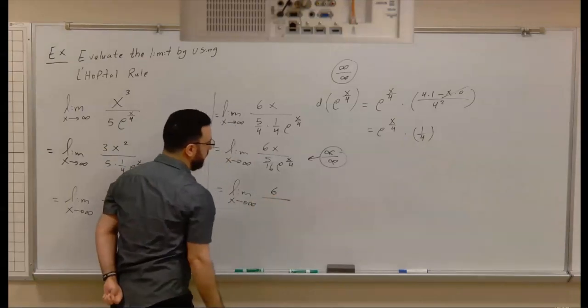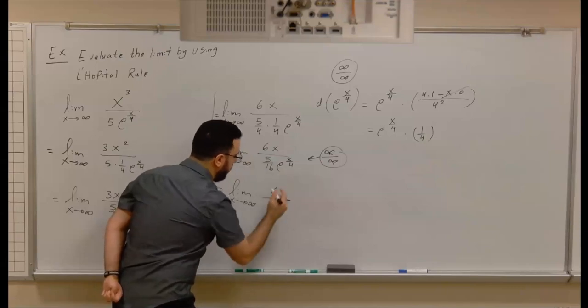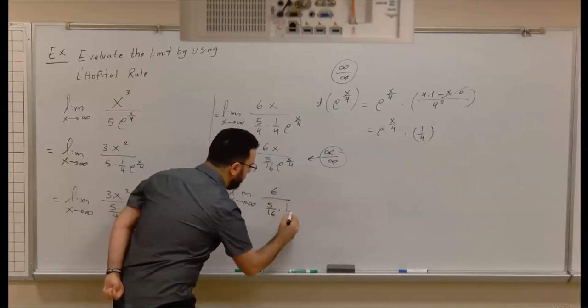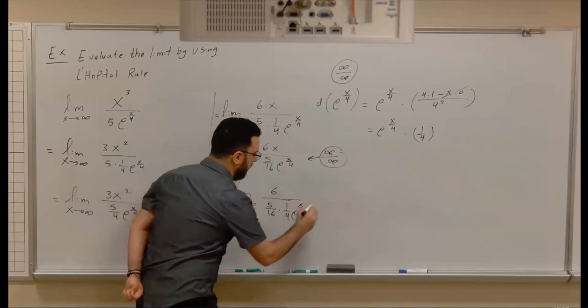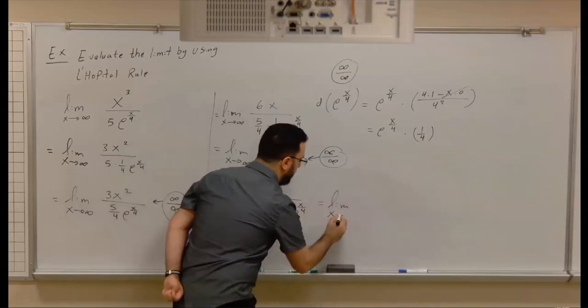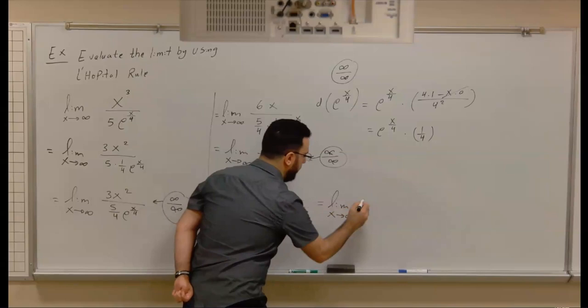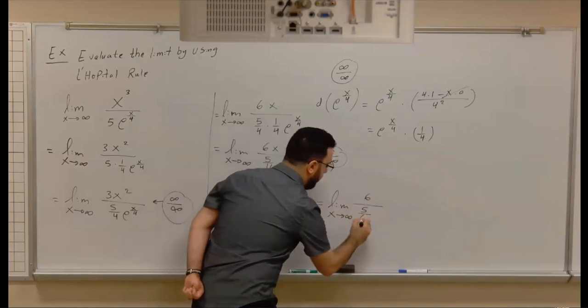Take the derivative here, it's 5 over 16. The derivative for the exponential function is 1 over 4 e to the x over 4. That means it's going to be the limit as x approaches infinity of 6 over 5 over 64 e to the x over 4.